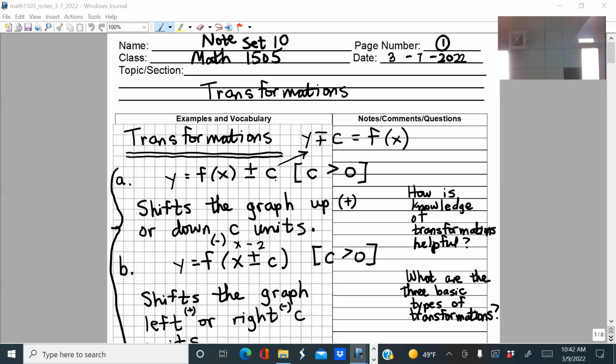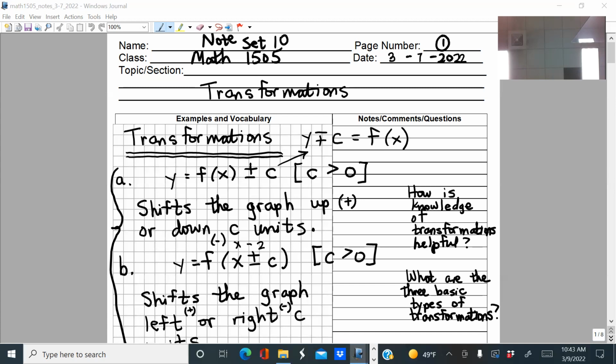Let me repeat what this first transformation looks like. You have the formula for a function, and you add or subtract a constant from that formula. This has to be a constant, so it cannot involve x. Of course, the formula involves x, but if you just add or subtract a constant from that formula, the only way you're going to change the graph of that function is shifting it up or down by this many units.